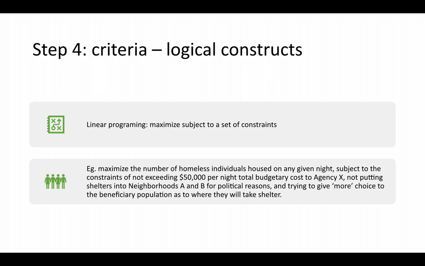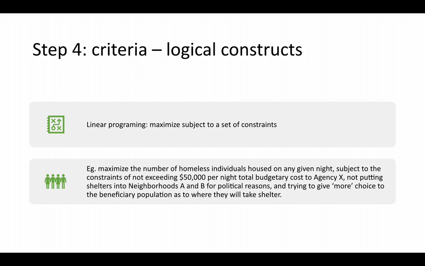All right, so constraints, here are actually two different constraints. One is efficiency, this evaluative, right, cost benefit analysis, because you have a budget constraint, 50,000 per night. And you also have a very practical constraint, from a practical criteria standpoint.